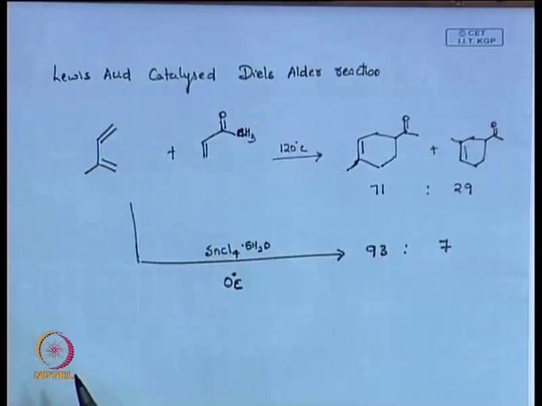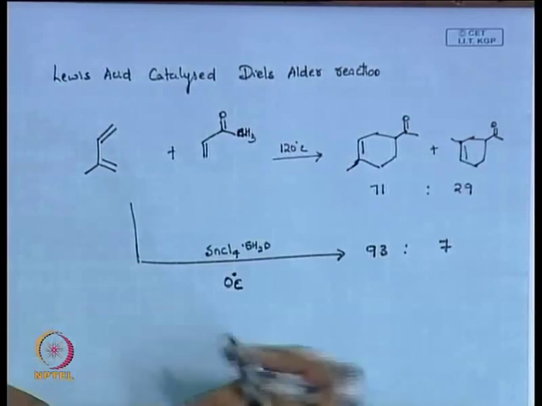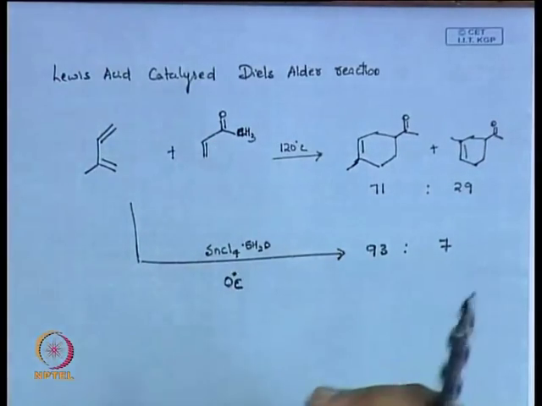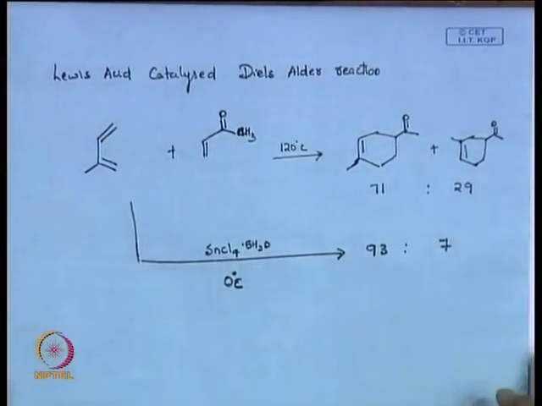Yeah, you can easily understand why it happens, because in the case of your dienophile, now your Lewis acid goes and binds with your dienophile. So, it can withdraw the electron much better than earlier case. So, you end up with a nice increase in selectivity. That is just because of your binding of your Lewis acid to the dienophile and makes it a stronger electron withdrawing group. That is why the selectivity is increased. Very important when you do Lewis acid catalyzed Diels-Alder reaction.